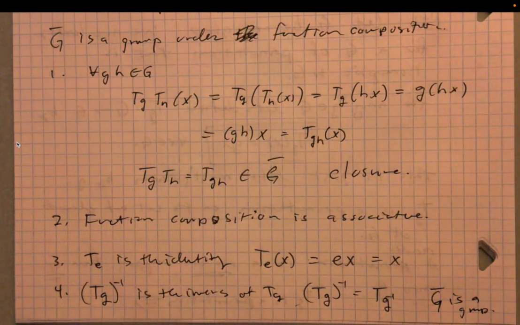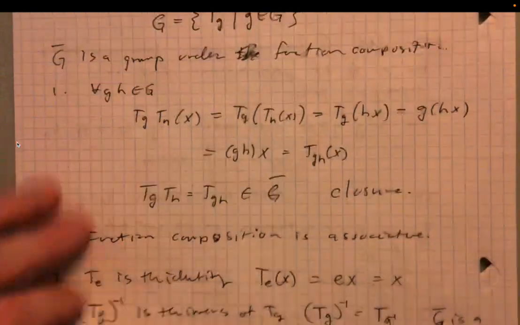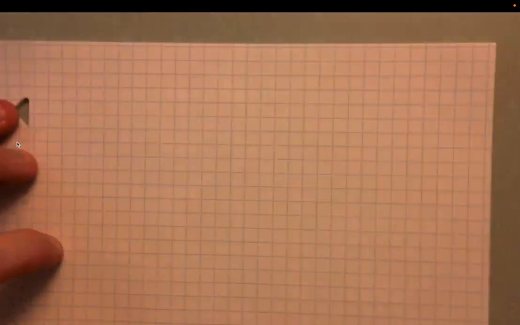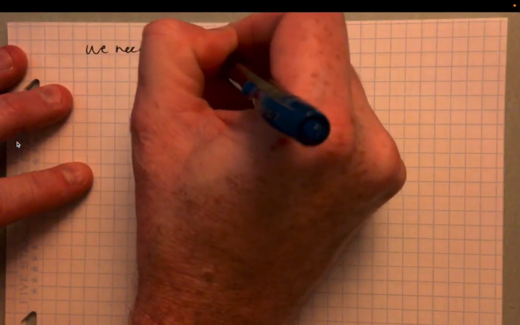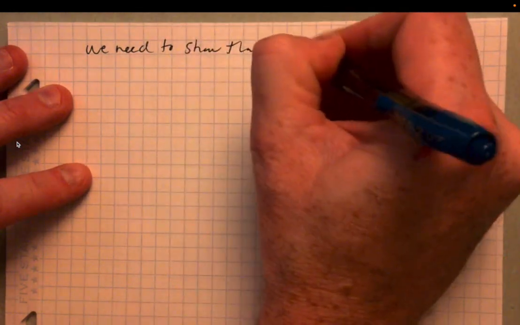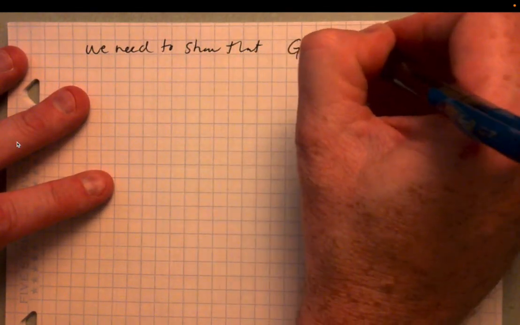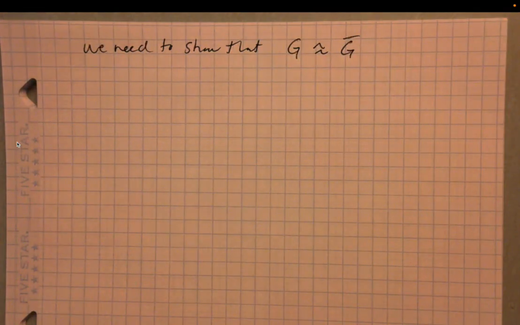So what's left to do? We need to show that there's an isomorphism, that G is isomorphic to G bar.